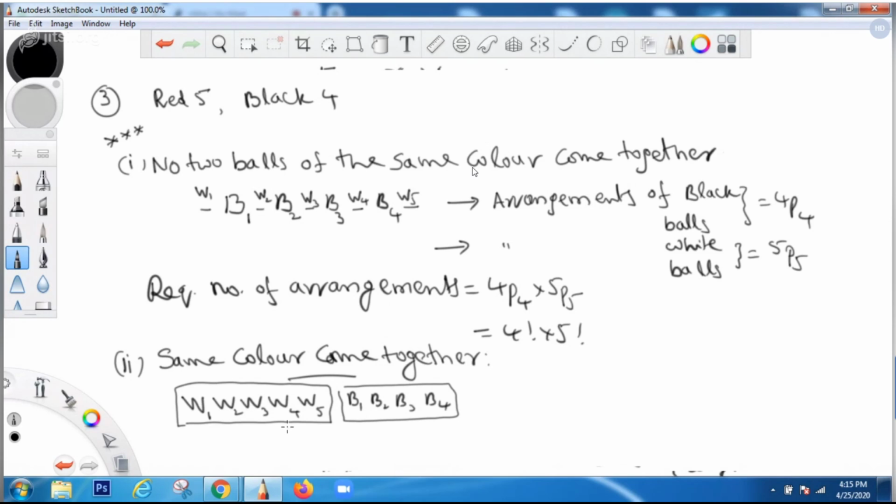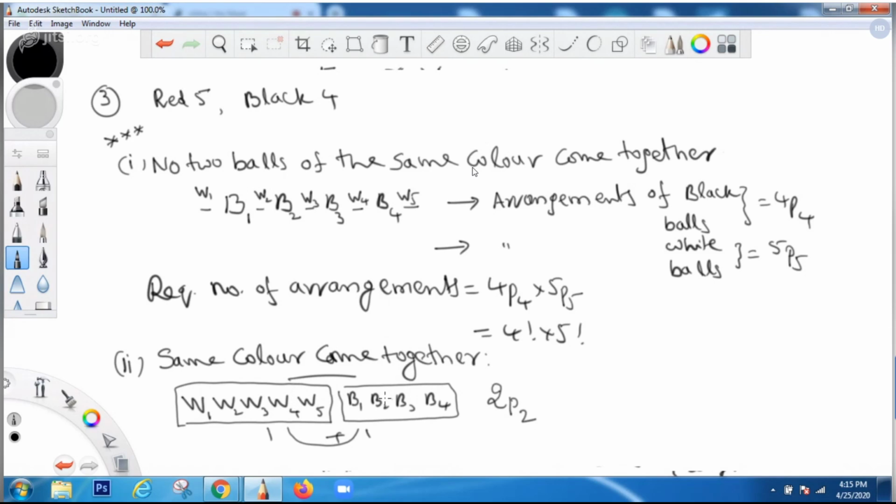So these two units, the first unit and the second unit, how many ways can they be arranged? White, black or black, white, only two ways. Together, one unit, and this is another unit. So there are only two units, 2P2 ways.